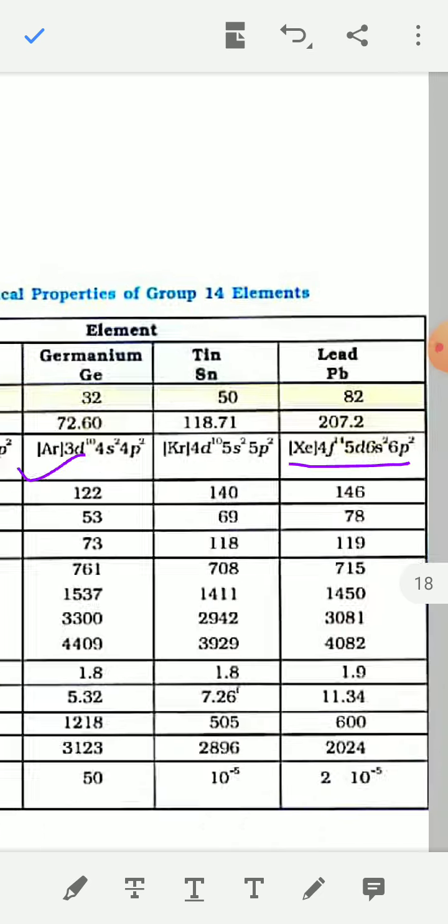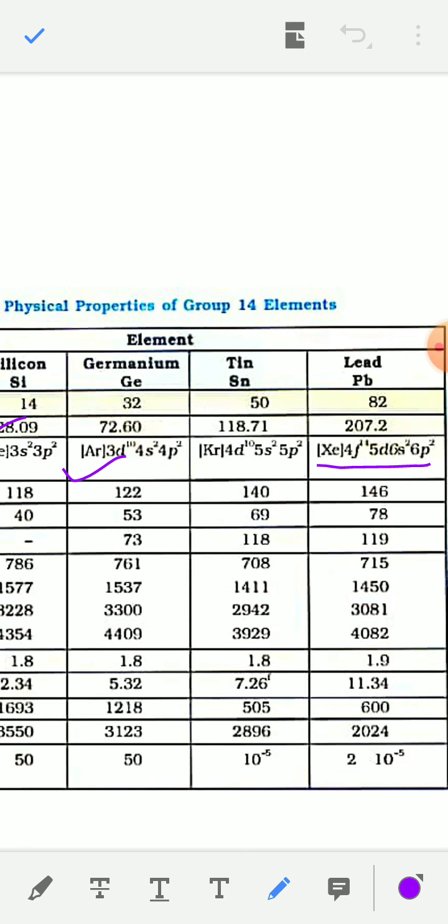Okay, so you can see in case of lead there are 14 inner 4f electrons present.